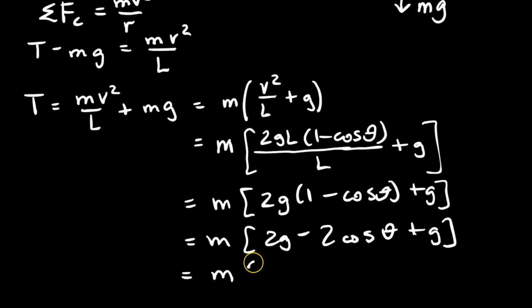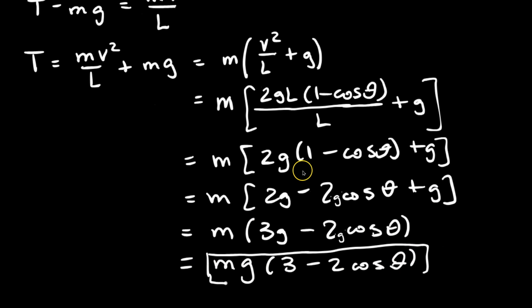Next, we're going to cancel out the L, and that leaves us with m times 2g times 1 minus cosine theta plus g. We're going to distribute the g's, and then you'll notice that there's a 2g here and a g there. We're going to add those two up together to get 3g, and so the tension is equal to mg times 3 minus 2 cosine theta.